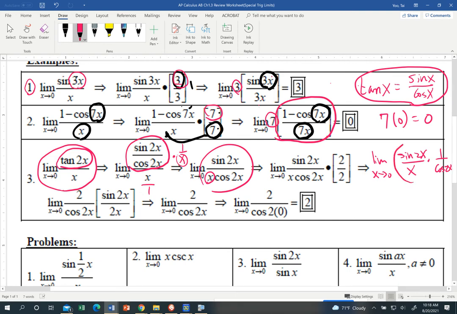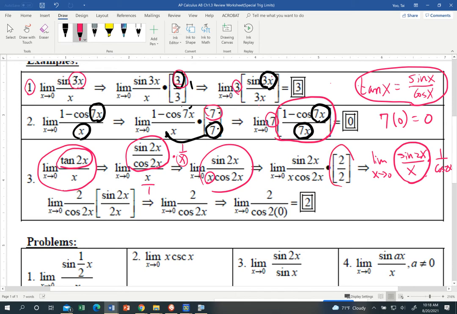Why do I want to separate into that part? Anybody have an idea? So that I can change it to one of those formulas, right? But what's wrong with this part? There's an error. What's missing? The bottom, yeah, we need to have a 2. We can't just put 2, so what's the trick?